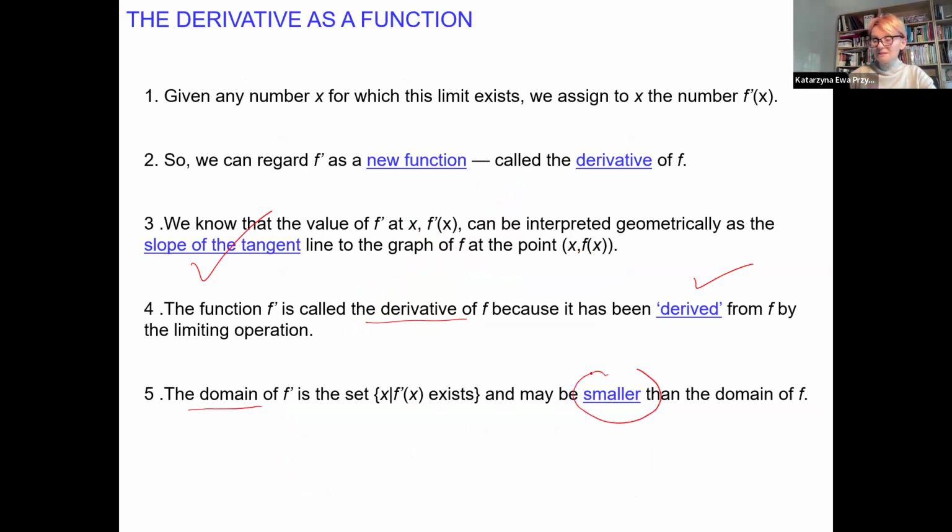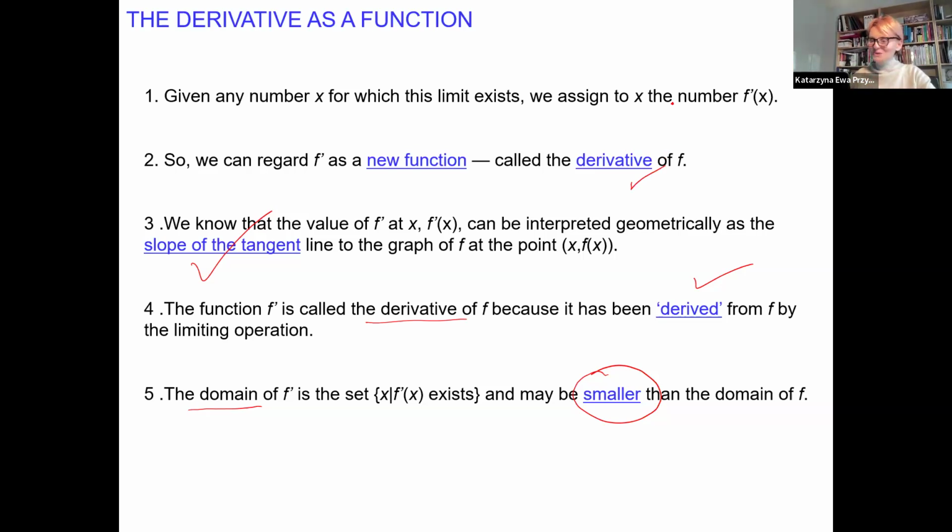That means sometimes the derivative has a smaller set of x's, a smaller domain, because we're doing a little bit of algebra. The new function is called the derivative of f, and for each limit we assign the number.